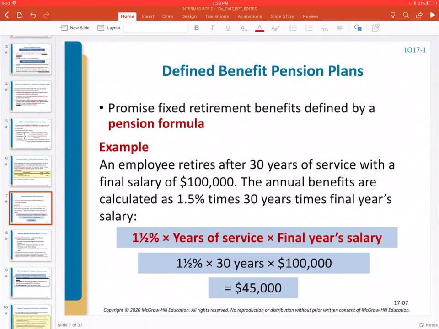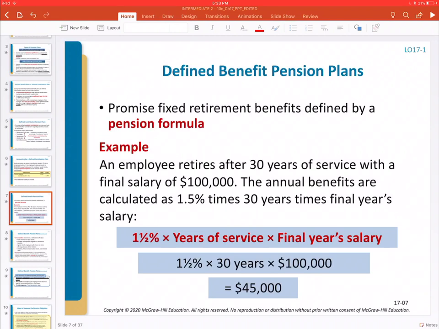They're saying, okay, if you work for us for this long, then once you retire, every year we're going to still pay you a certain annual salary. It's probably not going to be in most cases the same amount that the individual earns while they're working, but they are promising a fixed annual salary to that employee once they retire.